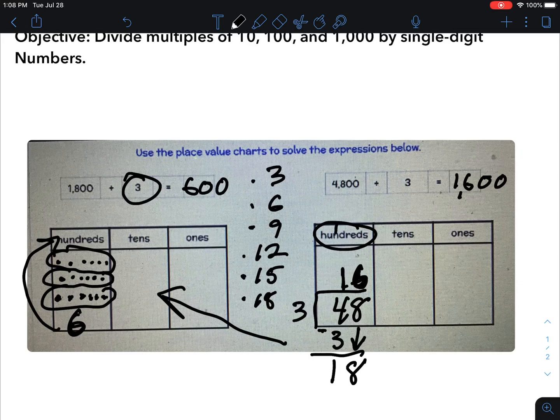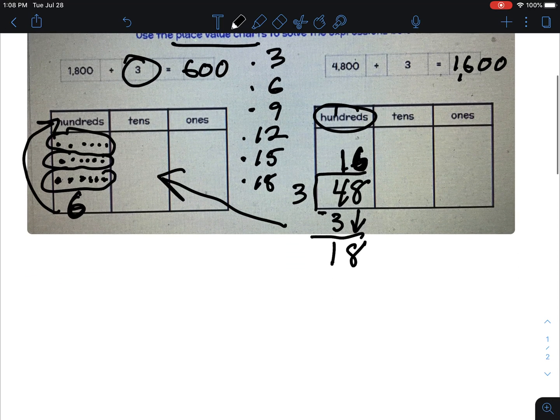Okay, so I'm going to give you one to try. Actually, I'm going to show you one more way. Even though I'm supposed to be showing you with just a place value chart, I'm going to show you one more method, because I don't care which one you use as long as you can solve the problem. So let's say I have, we'll use the same type of numbers. Let's say I have 3,600 divided by 3.